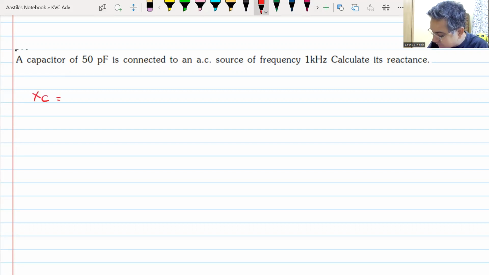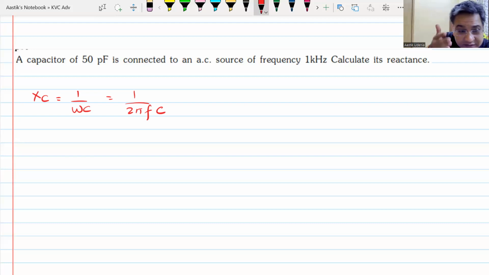Xc, the capacitive reactance, is 1 by omega c, 1 by 2 pi fc. Everything is given. F is given as 1 kilohertz and the capacitance is given as 50 picofarad. Do you understand this? Yes.